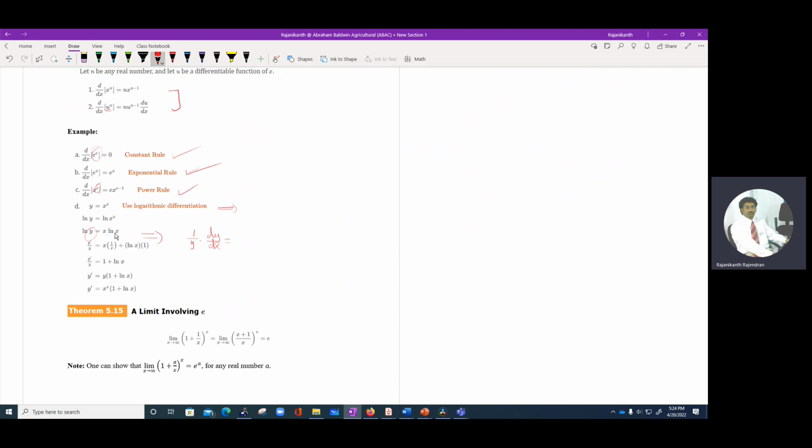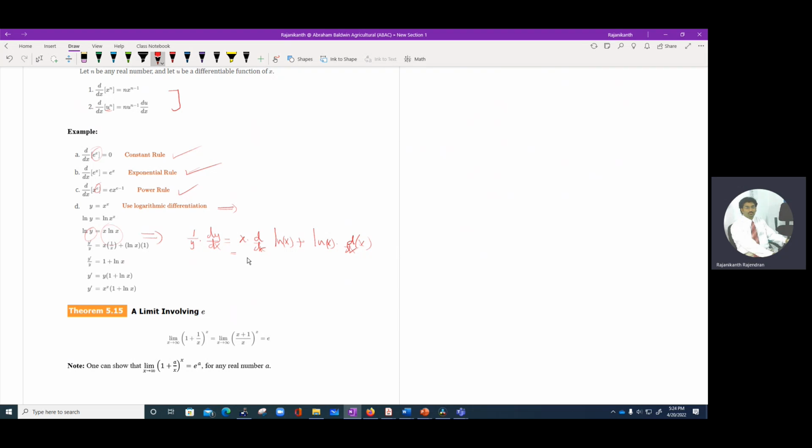The derivative of x times ln x: use the product rule, f times g prime formula you learned. So the derivative of x times ln x is x times the derivative of ln x, plus ln x times the derivative of x, using the product rule.